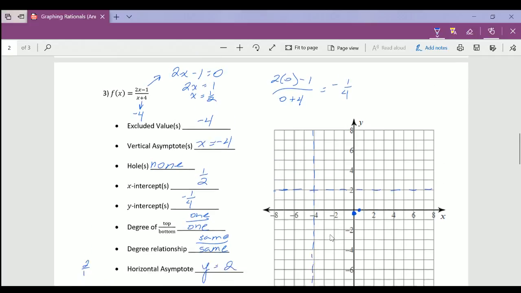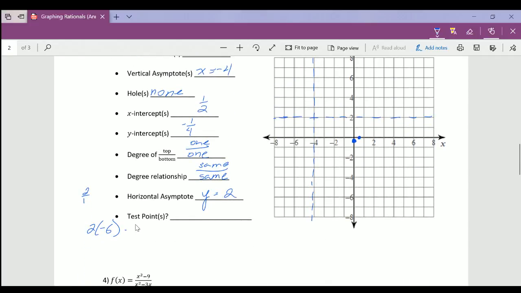Why did I choose -6? I don't know. I just kind of felt like it. And that's x plus 4. If you wanted to choose -5 or -8 or heck, -4.5 you could have used, although that's kind of weird.